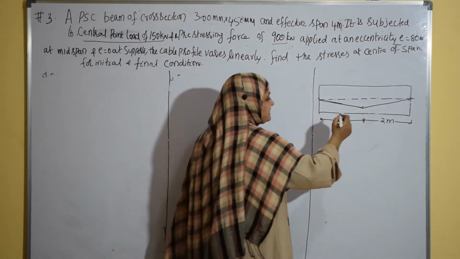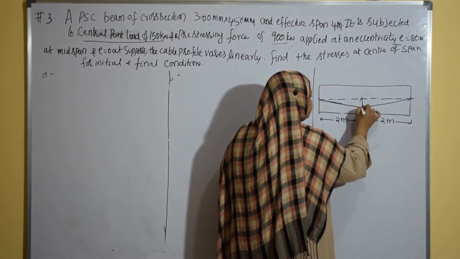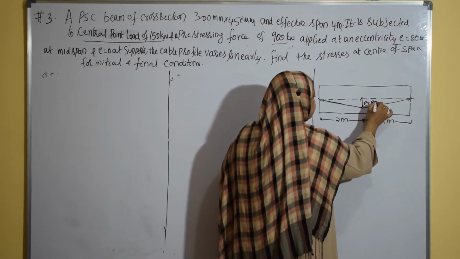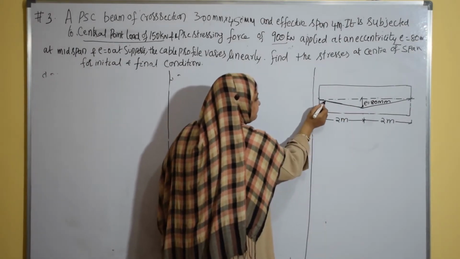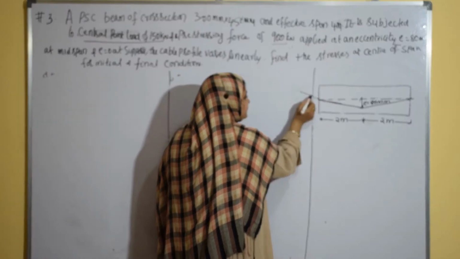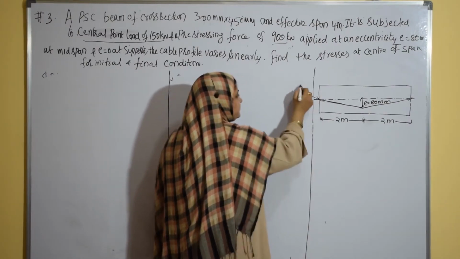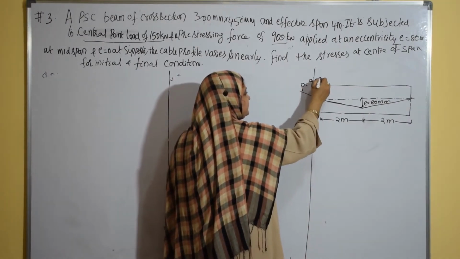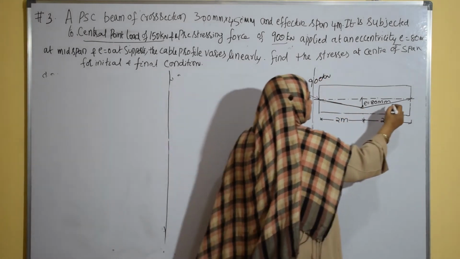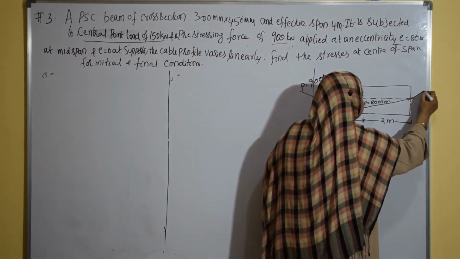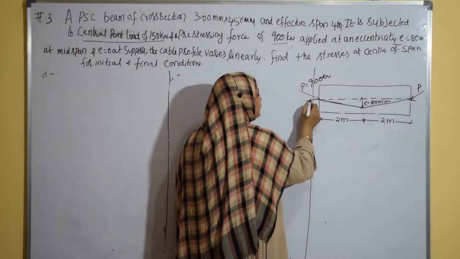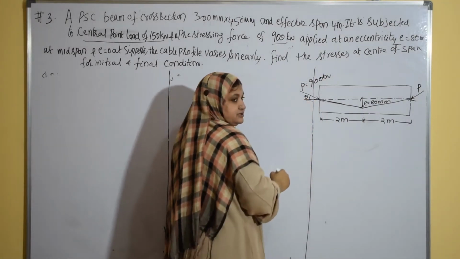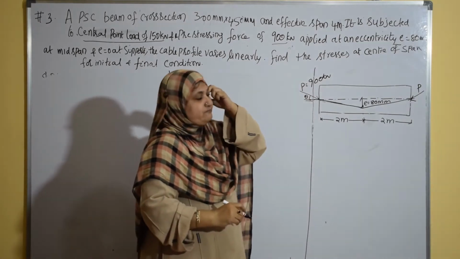So this is the maximum eccentricity at the center, e, 80 mm. At the support it is 0. If this is the cable profile, your pre-stressing force will act along the cable, equal to 900 kilonewton. Same way on the other side. You can see this pre-stressing force is making an angle of theta with the horizontal. This is an unknown which we have to find out.